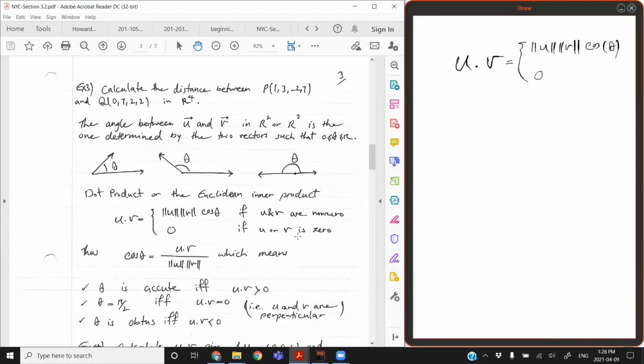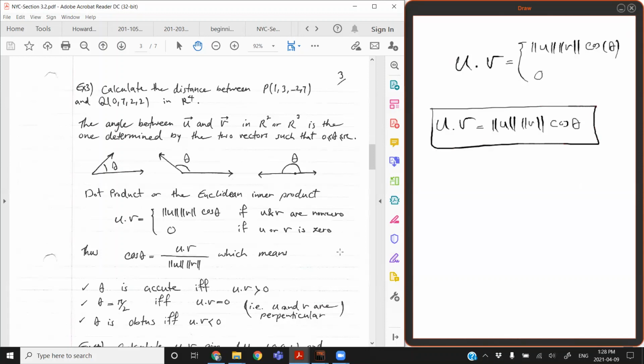But you may also argue that this part is unnecessary, because if you have U dot V equals norm of U times norm of V times cosine of theta, then if at least one of these is 0, that is, if you're dealing with a 0 vector, then automatically this is going to be 0, because 0 times anything would be 0. This is just trying to be very rigorous and very specific. You can just think of this as the definition.